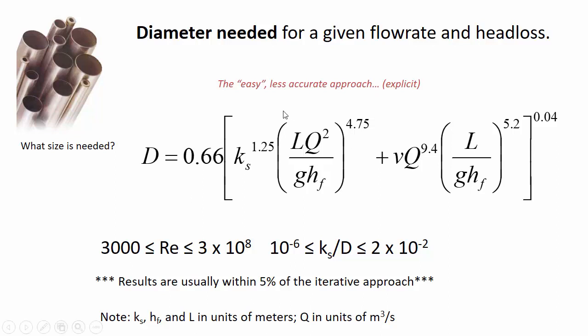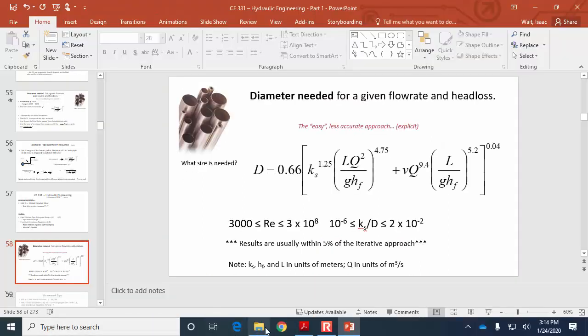And so it's based on the pipe equivalent sand roughness, the pipe length, the flow rate, the expected energy loss. You can see kinematic viscosity is in there. And so it's kind of a strange equation.